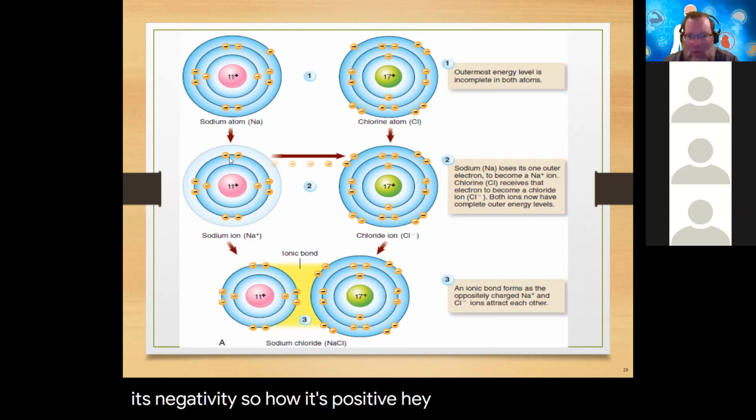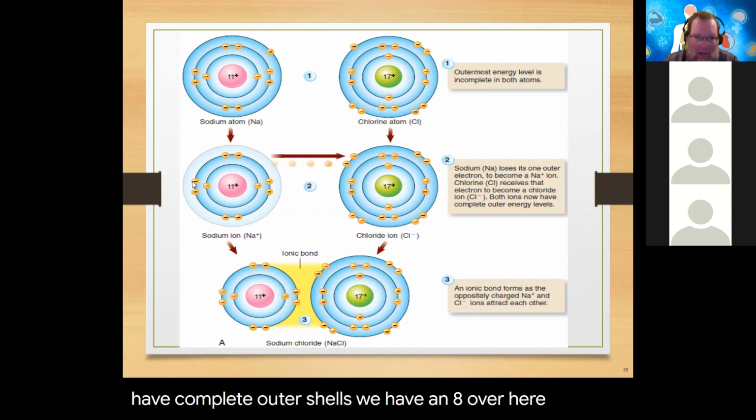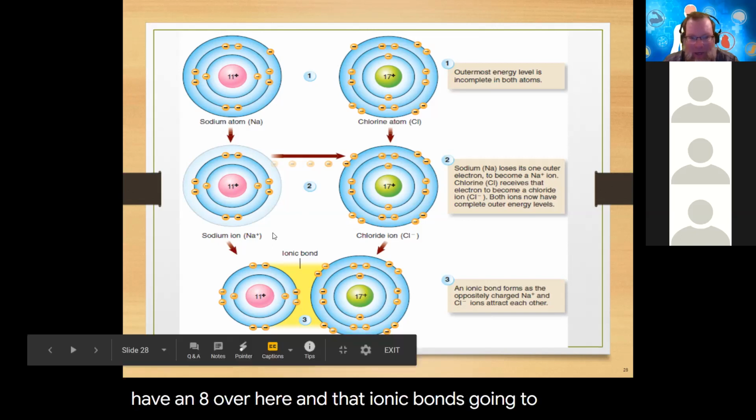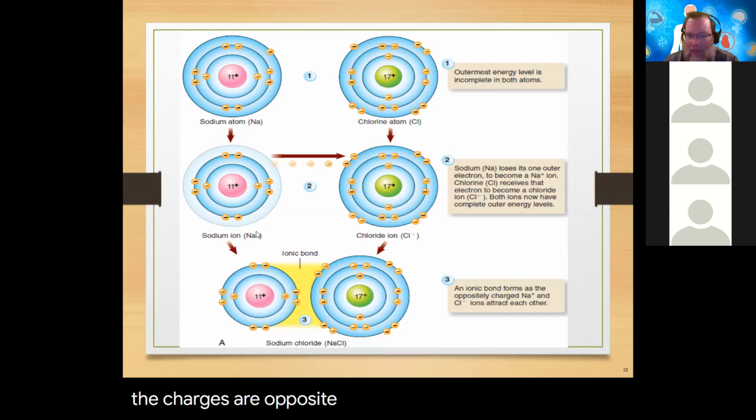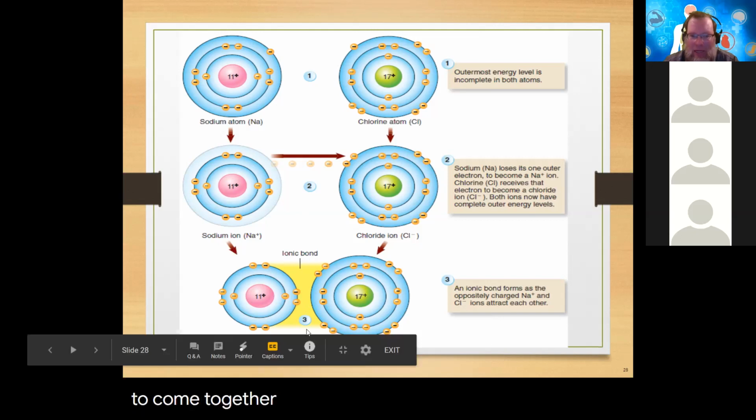Hey, and at this point, once we've removed that and donated it, now we have complete outer shells. We have an 8 over here, we have an 8 over here, and that ionic bond's going to form now because the charges are opposite. We have a positively charged ion and a negatively charged ion. Just like magnets, they're going to come together and bond in what we call an ionic bond.